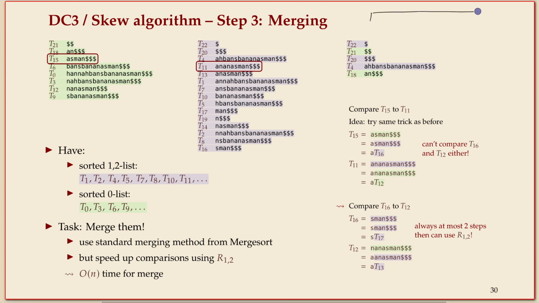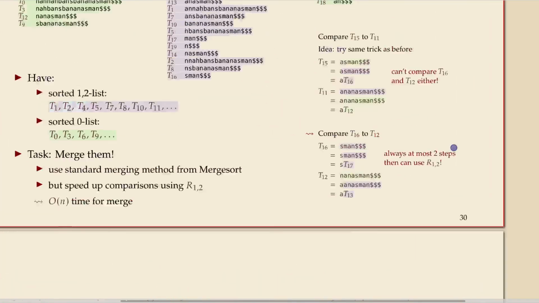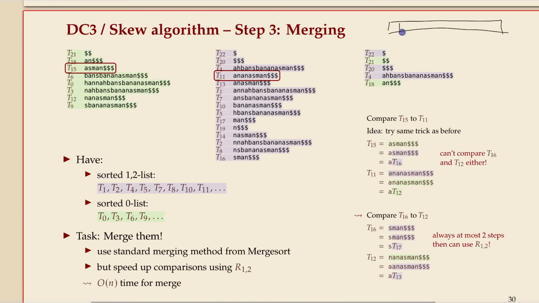But if you draw the array, it becomes clear. So let me color those like they are in the picture. So we have blue and green in between.